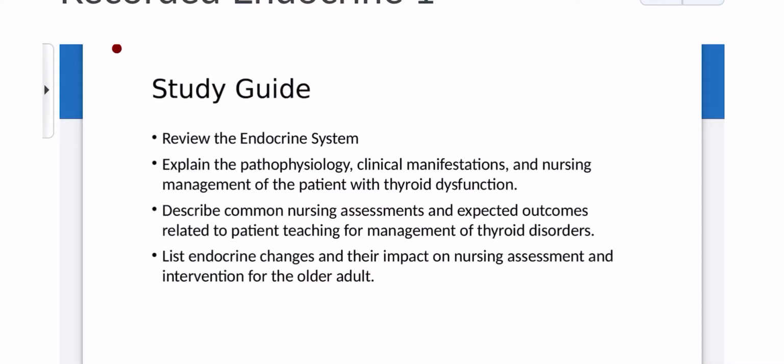As a study guide, you can see our focus is not only an overview of the endocrine system, but an explanation of today the thyroid dysfunctions, particularly as it affects the older adult.